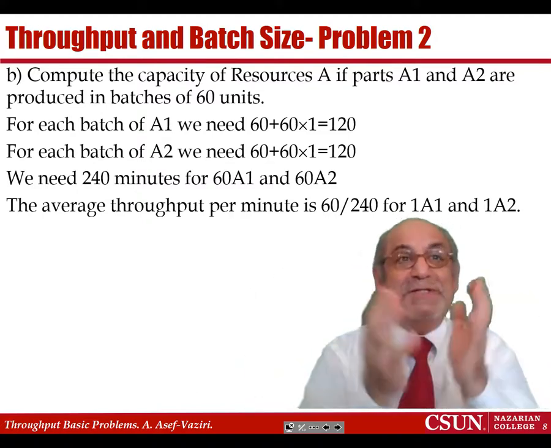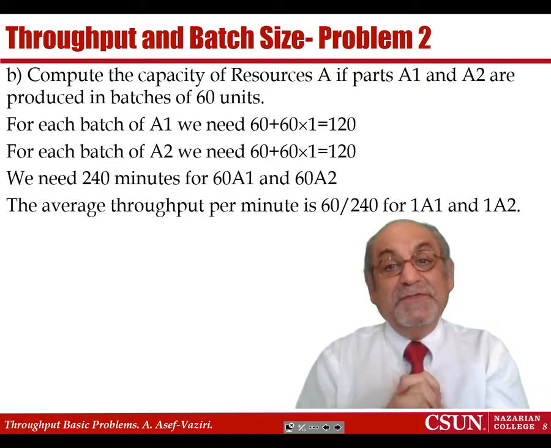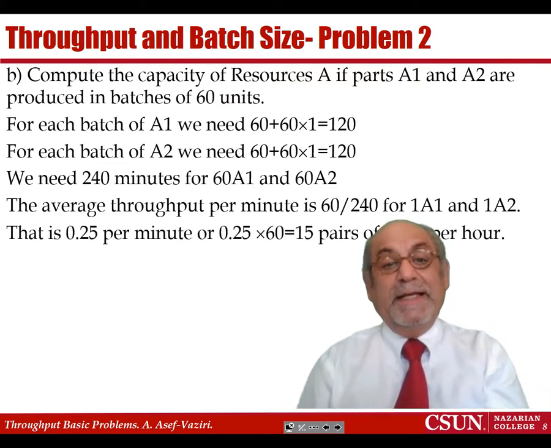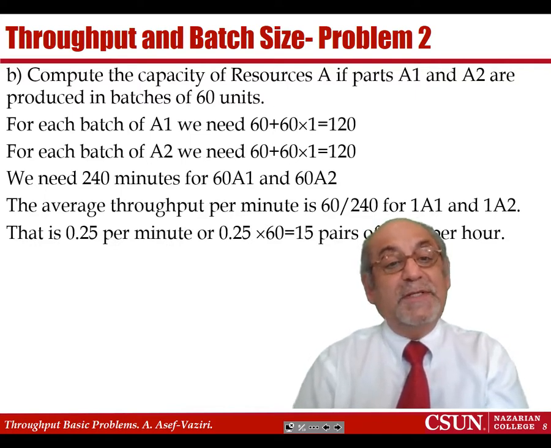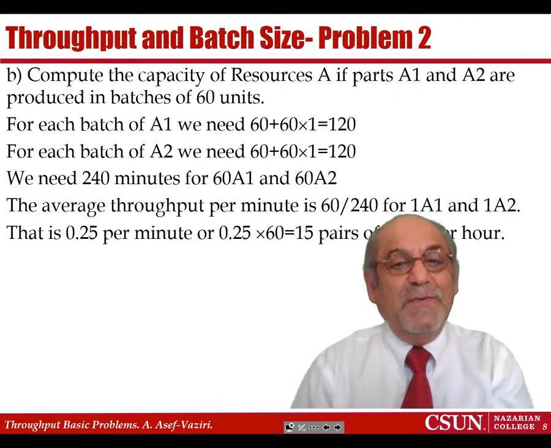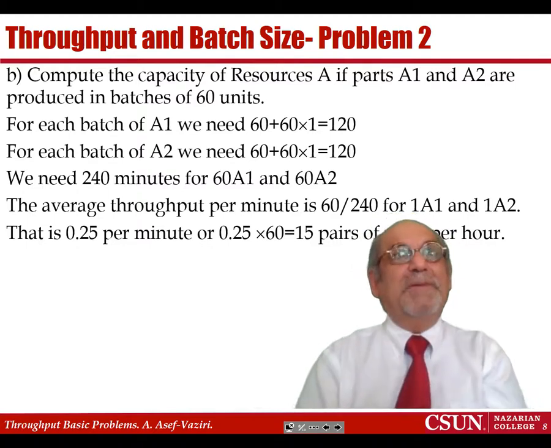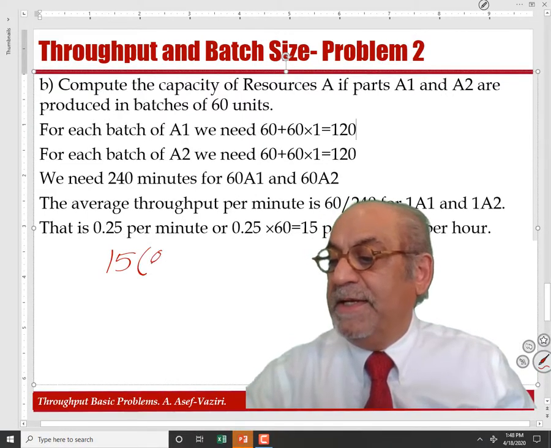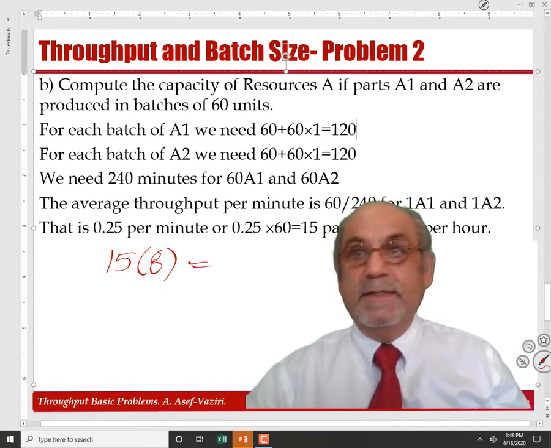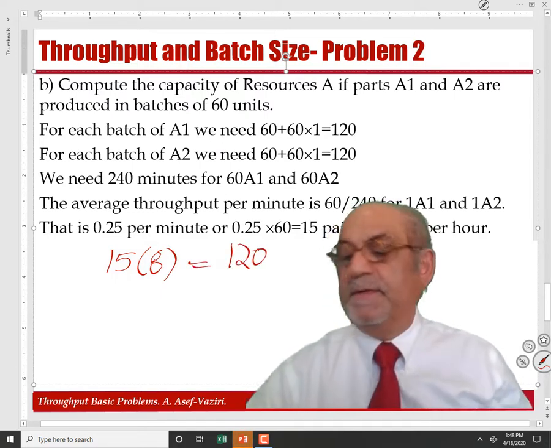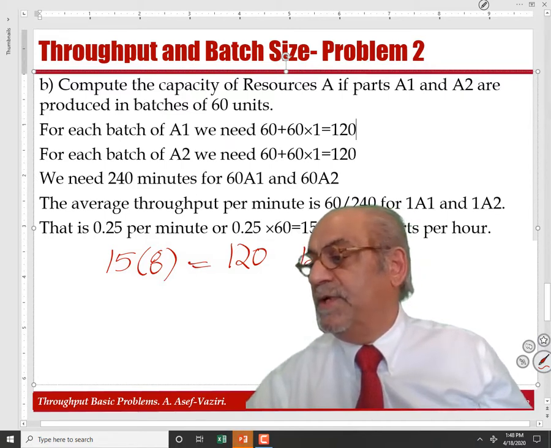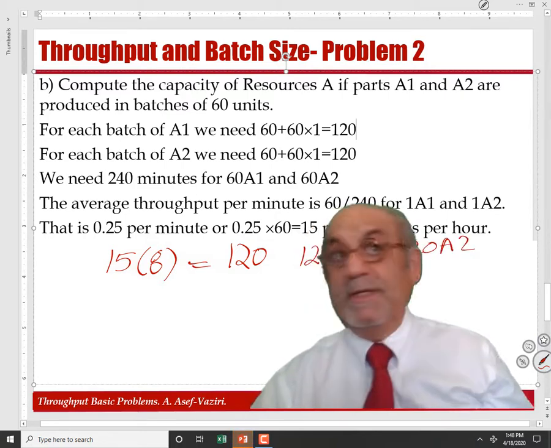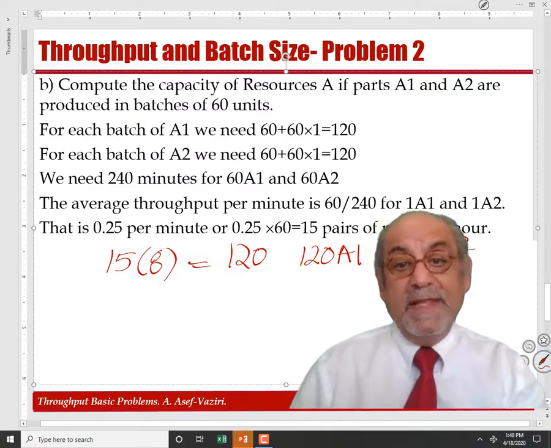Therefore, capacity is 60 divided by 240 for A1 and A2. That is 0.25 A1 and 0.25 A2 per minute. When you multiply it by 60, that is 15 per hour. And if you multiply 15 by 8 hours per day, you get the same 120 A1 and 120 A2 per day.